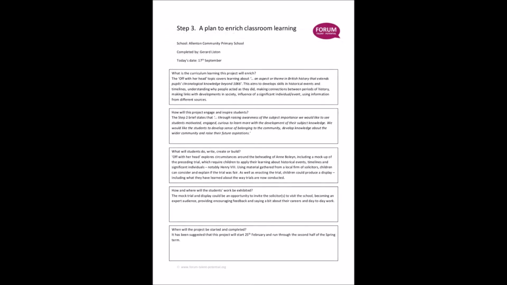So in the Step 3 document, where we try to summarise an outline project plan to suggest how this might look, we summarise what's been said previously in those emails and in her brief.